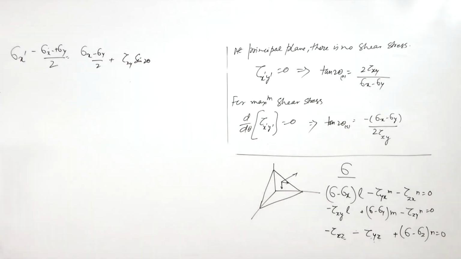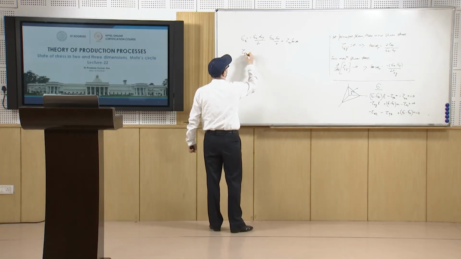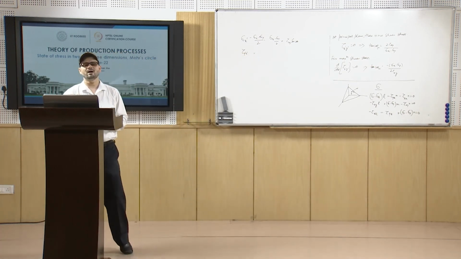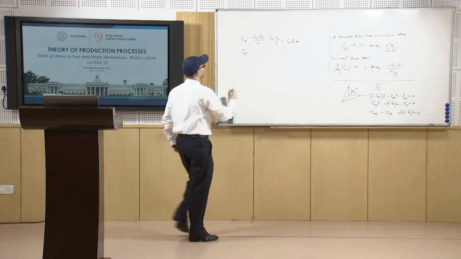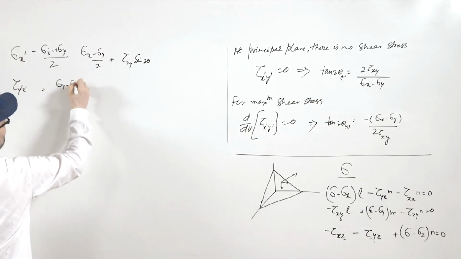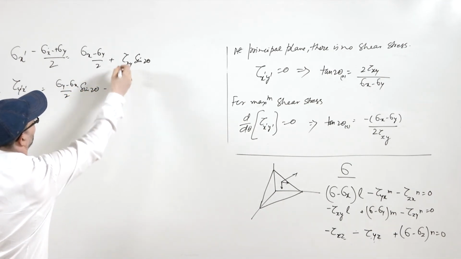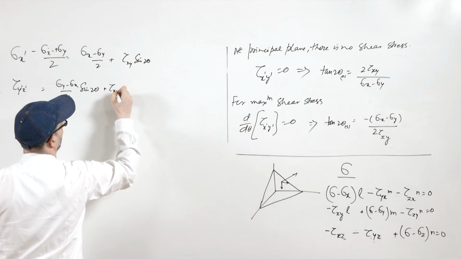Similarly, you have another expression, tau y prime x prime, which is sigma y minus sigma x by 2 sin 2 theta plus tau xy cos 2 theta.